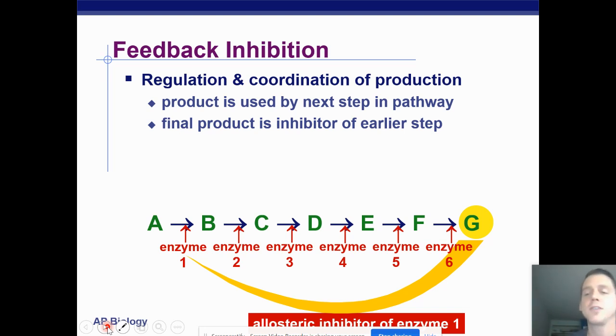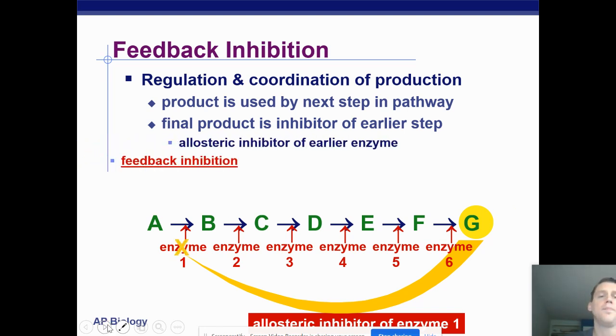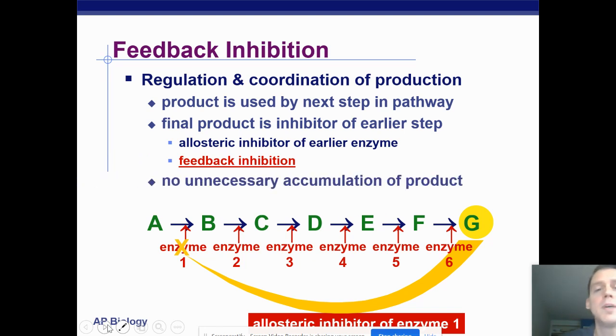It's a fantastic way that evolution has devised to make sure that we have just enough of one product. When product G starts to get made more and more and more, it turns off its own pathway, which is a good thing. So that's feedback inhibition, and that means there's no unnecessary accumulation of the product. Ingenious thing.